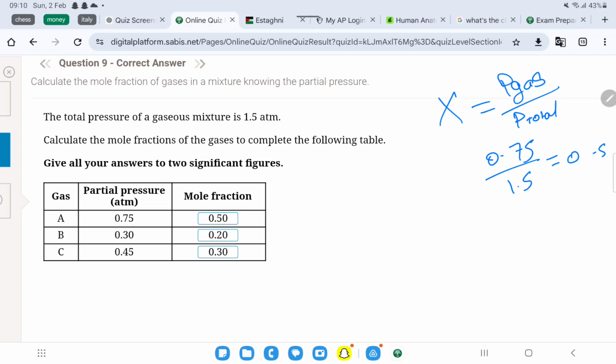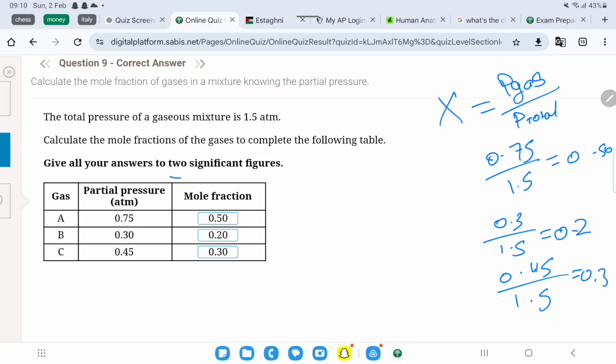They want two significant figures, so 0.50. And then for gas B, 0.3 over 1.5, you get 0.2, and for C, 0.45 over 1.5 equals 0.3.